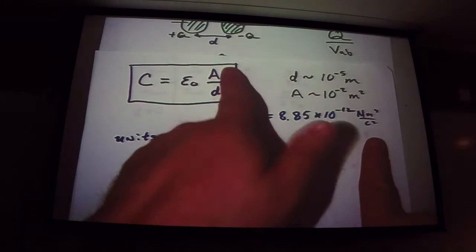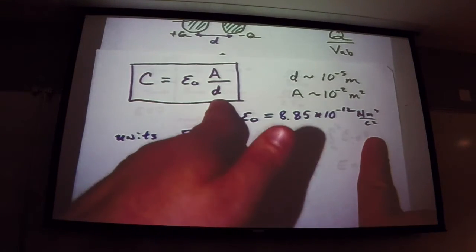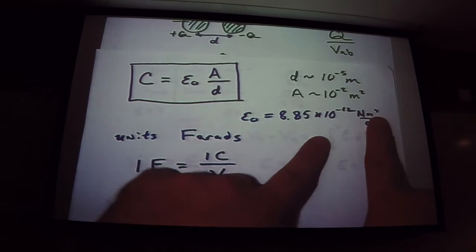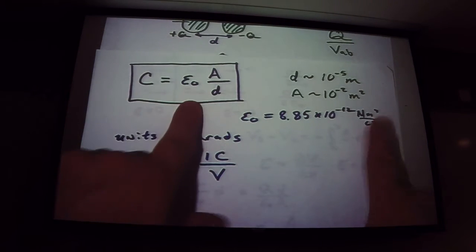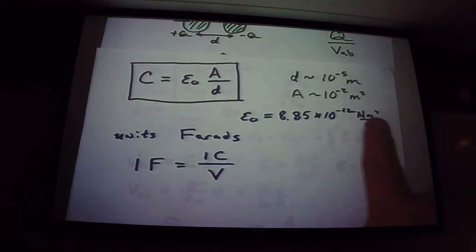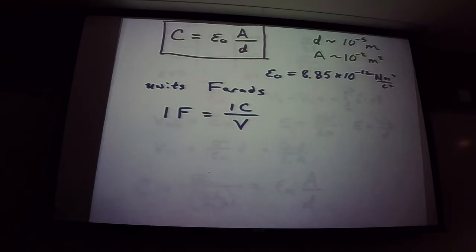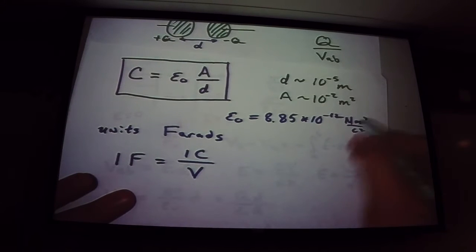Because there's area up here, you multiply, and then the distance down here. So this unit here, you have to multiply by meter squared. You get a meter in the denominator, so it's Newton meter cubed per Coulomb squared, but you're just like, what is that? So Coulomb per volt. Oh, wait a minute, it's the other way.